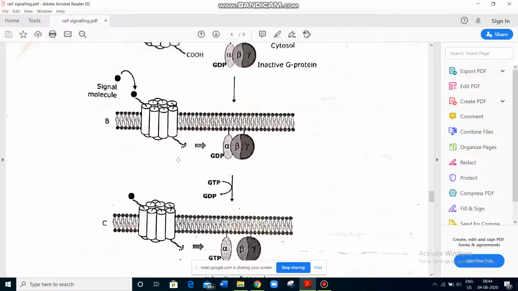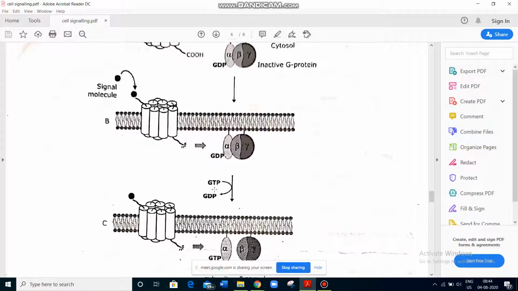GTP has a higher affinity towards the G protein compared to GDP, because GTP is the high energy molecule compared to GDP.